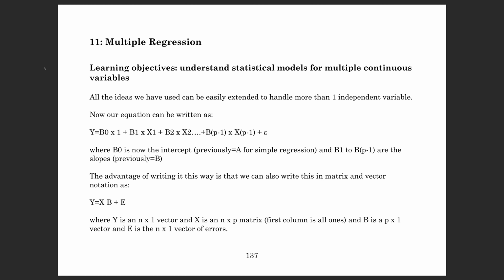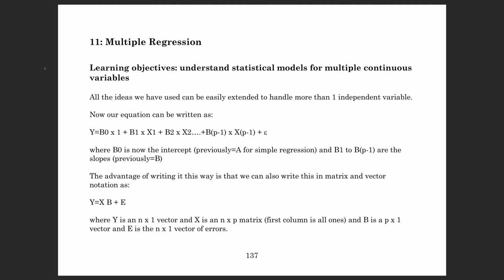So X here is an n by p matrix, meaning we have n rows corresponding to our n data points and p columns corresponding to the p elements we're multiplying b by. So remember, we've got a column of ones corresponding to the multiplying of b0.